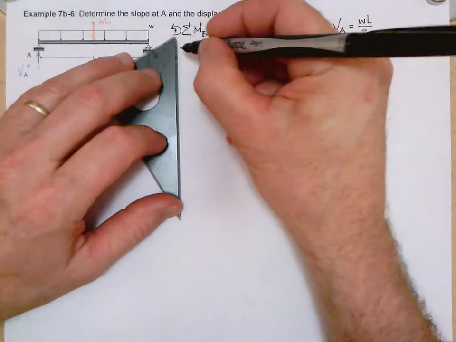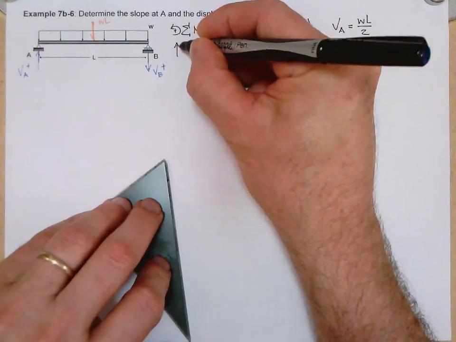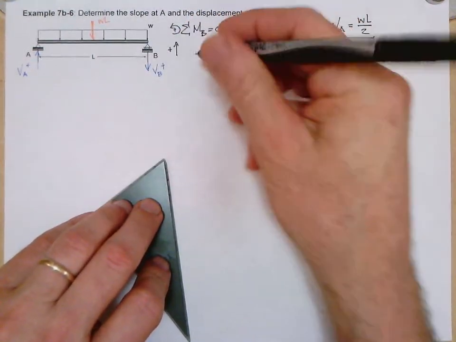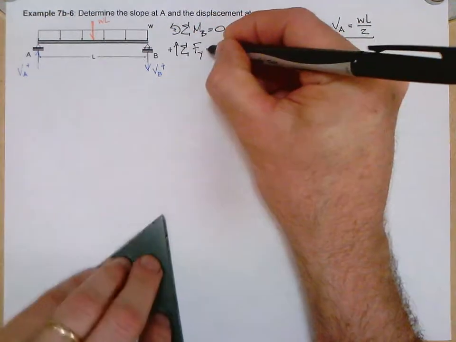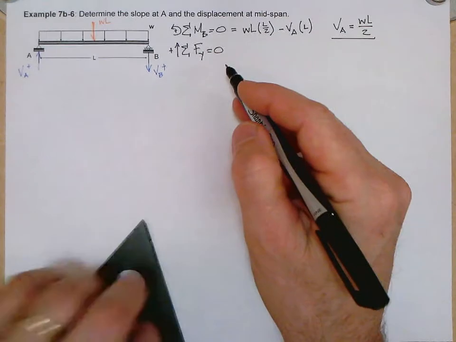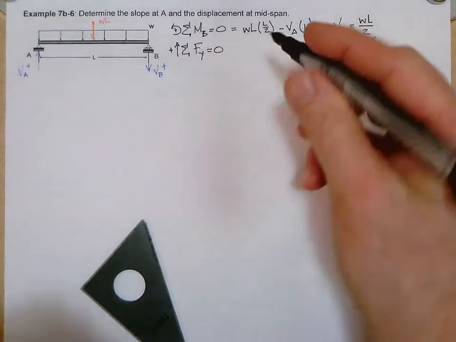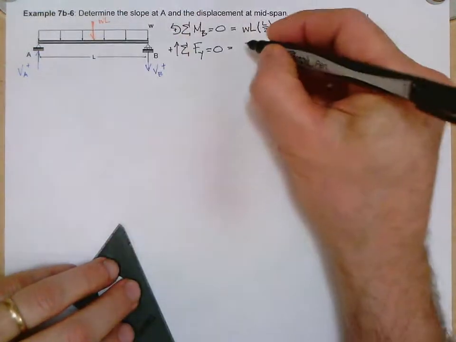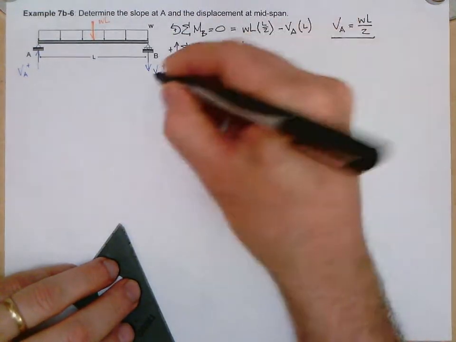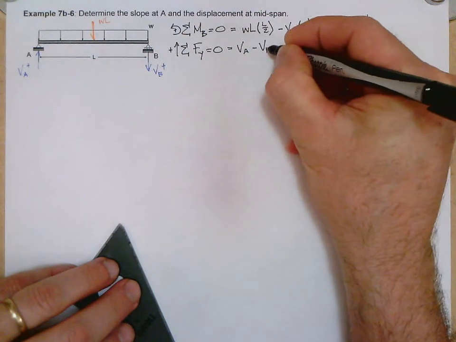And since I just discussed that, let's go ahead and find the other one. So I'll sum forces now in the y direction. So there's my equilibrium statement for that. I'm assuming up is positive, so shear at A is up, shear at B is down.